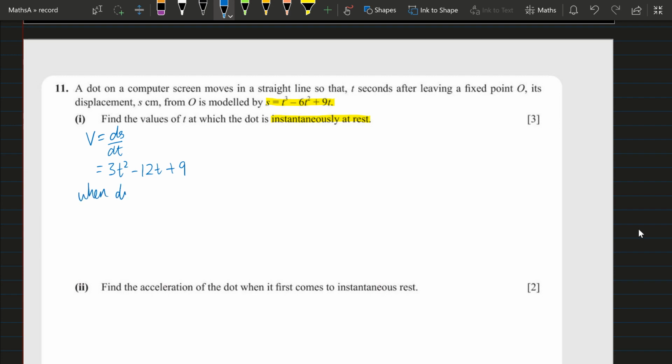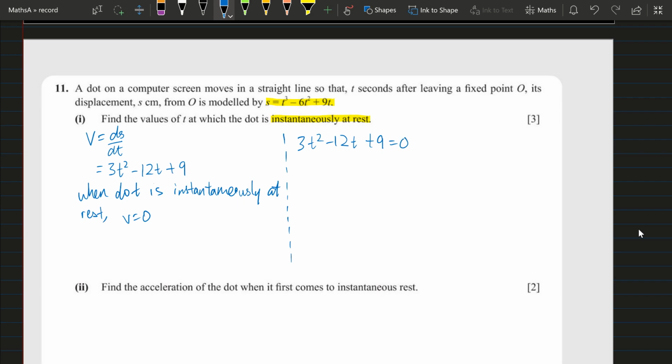So when dot is instantaneously at rest, v equals 0, so we're going to have 3t squared minus 12t plus 9 equals 0.